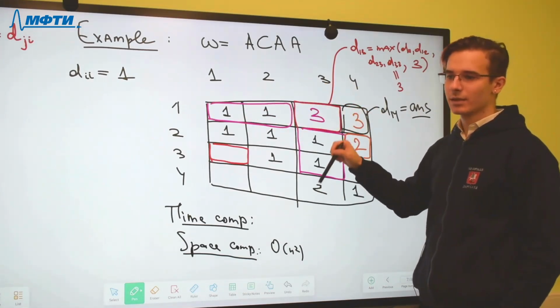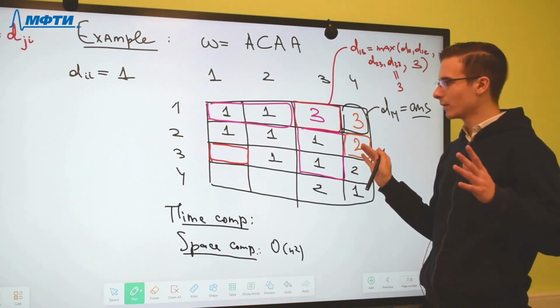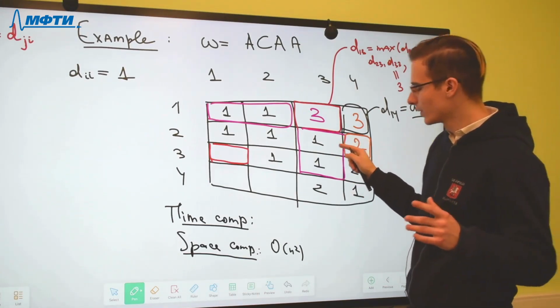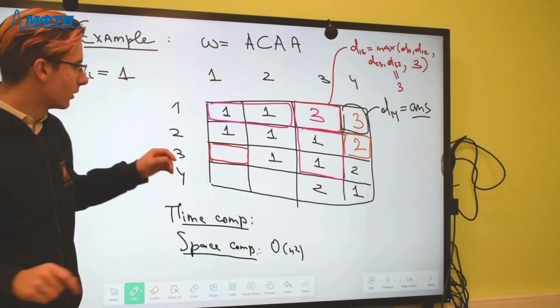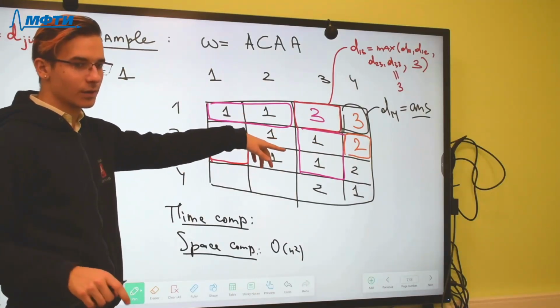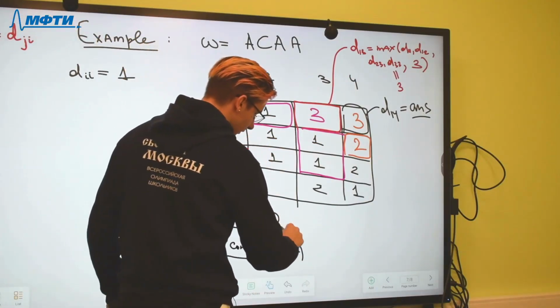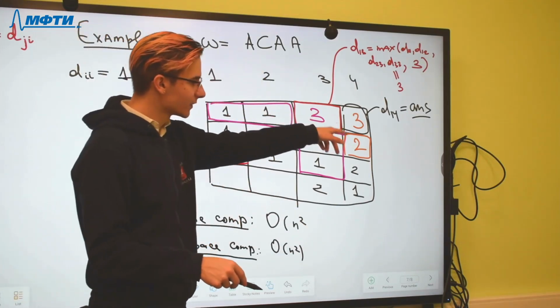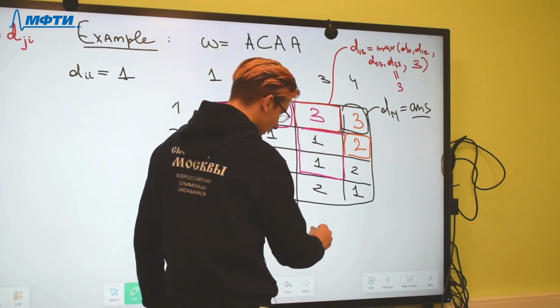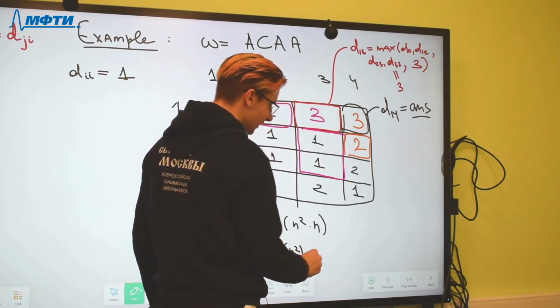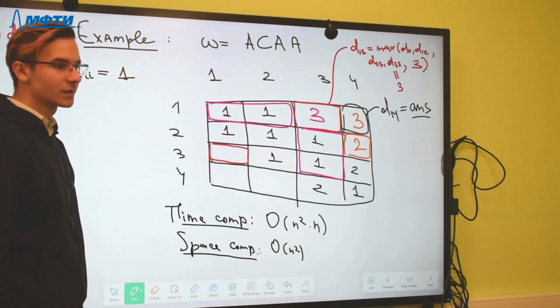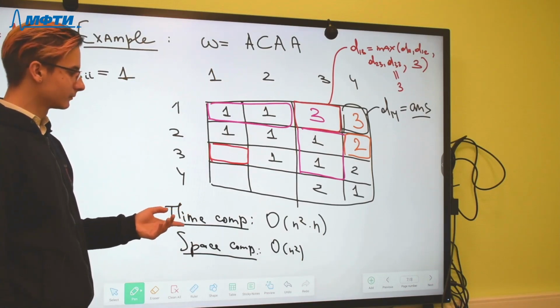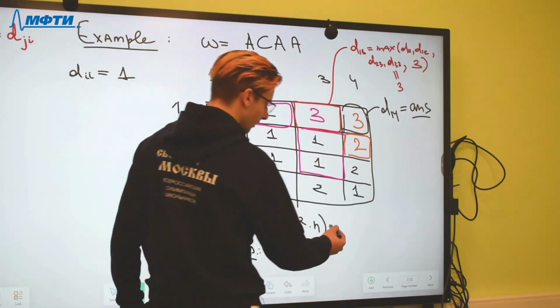And it is 2n asymptotically. So we repeat n times for these numbers, a step that spends n time. So it is n cube.